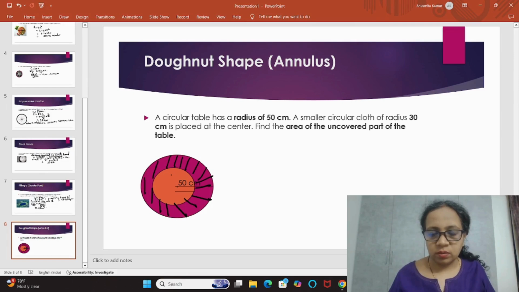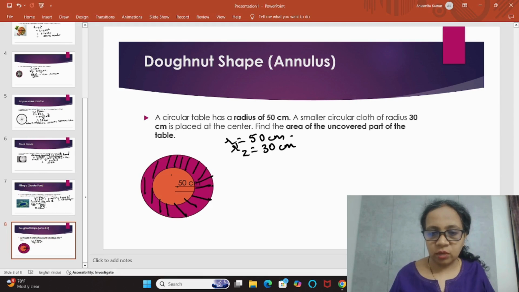So now the radius of the table is 50 centimeters. We can take that as R1. And the radius of the cloth, R2, is 30 centimeters. Now what will be the area of the uncovered part of the table? That will be area of the table minus area of the cloth.